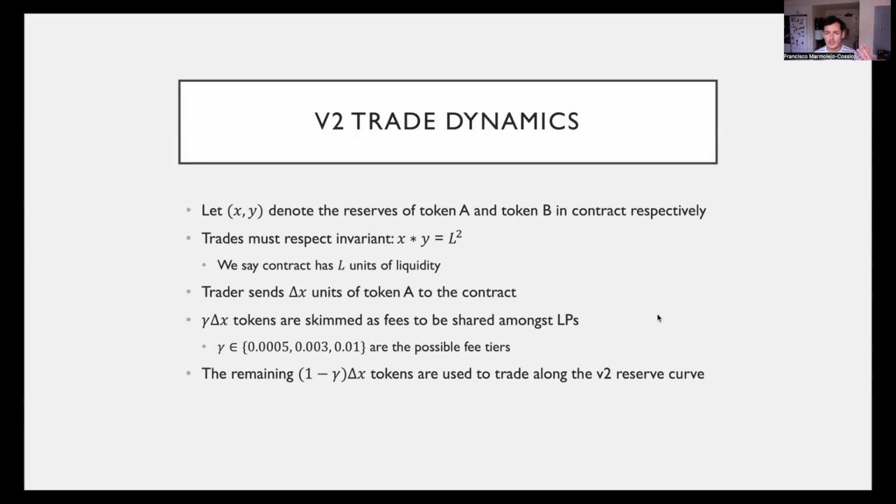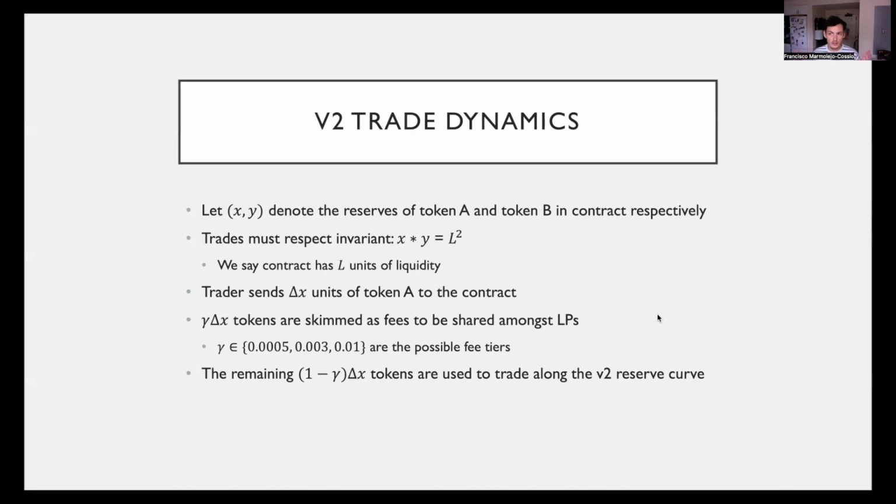And so what happens when there's a trade is that a trader, for example, will send units of one token to the contract and receive units of the other token in the contract. Let's suppose that the trader is sending delta X units of token A to the contract. Then what first happens is that a portion of these tokens that are sent to the contract is skimmed.